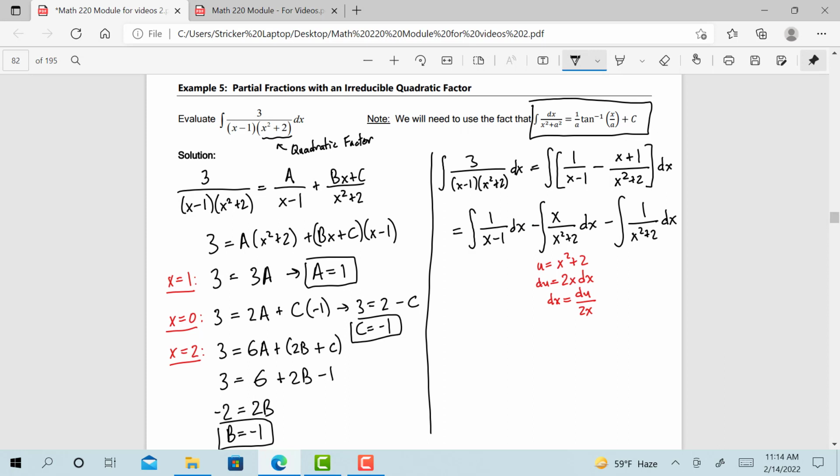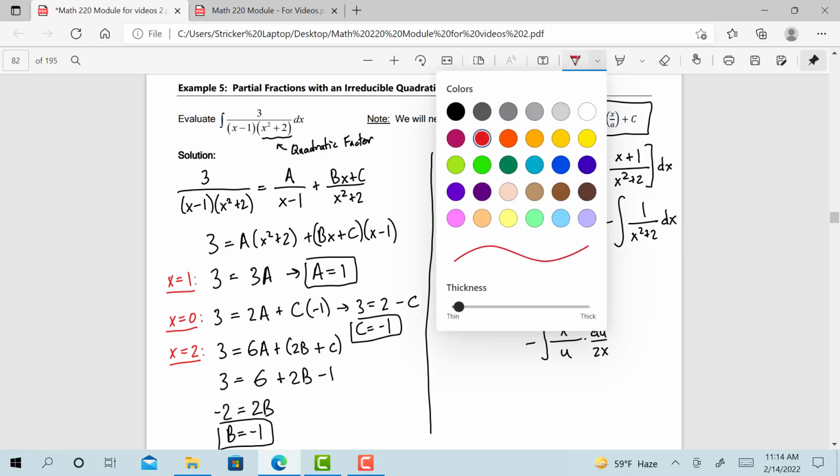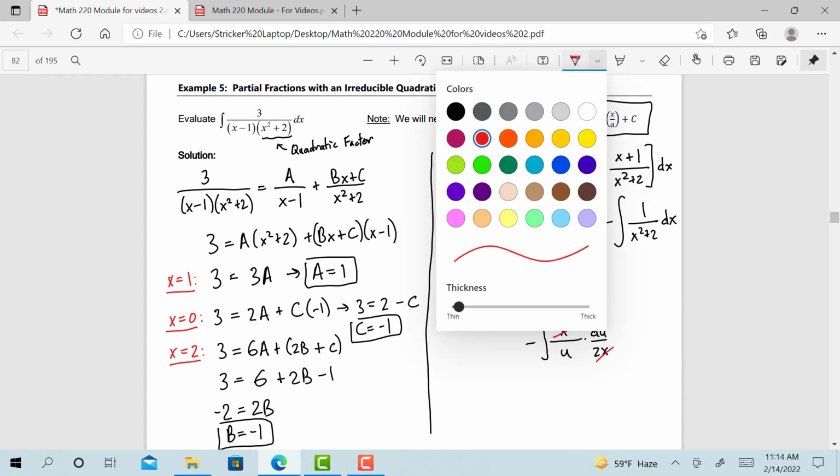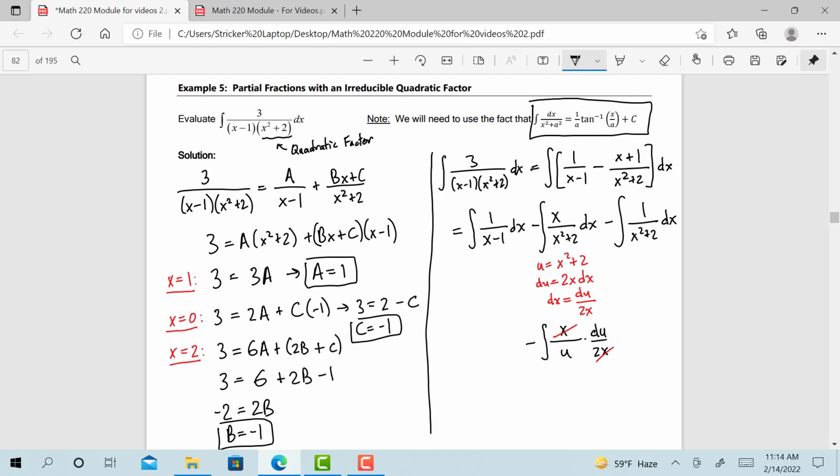And so that second integral can be rewritten as the integral of x over u times du over 2x, and the x's cancel. We also know that the first one, that's a simple one, that's the natural log of x minus 1.